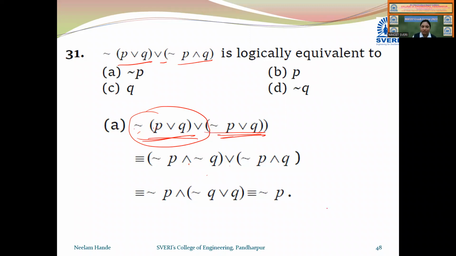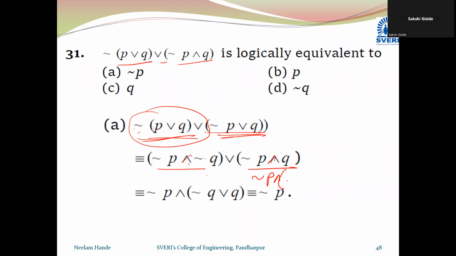I expect answers, please, come on. Ma'am, negation P is common. Distributive law. Yes, negation P is in both the terms. In such sentences, we take negation P as common, and there is 'or' for both, so we write 'or' there.